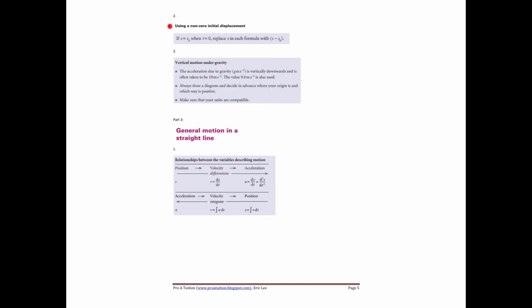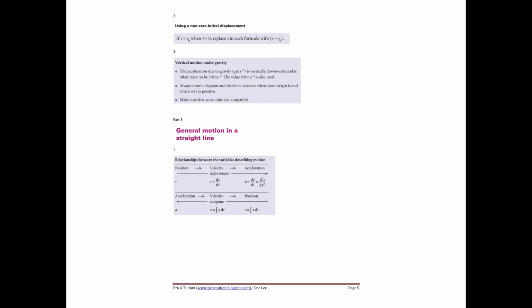So let's see here, using a non-zero initial displacement. That means they don't start from the origin. If s equal to s0 when t equal to 0, replace s in each formula with s minus s0.